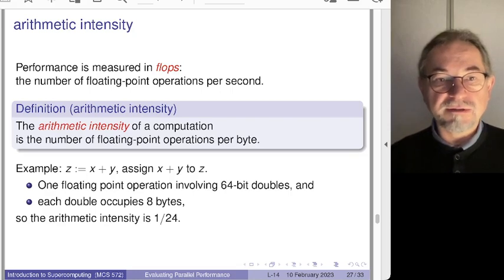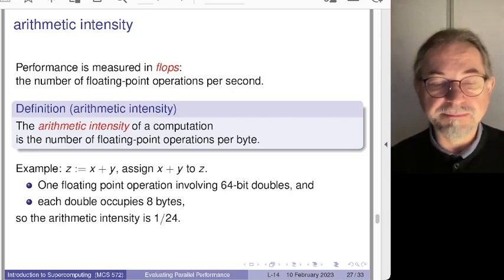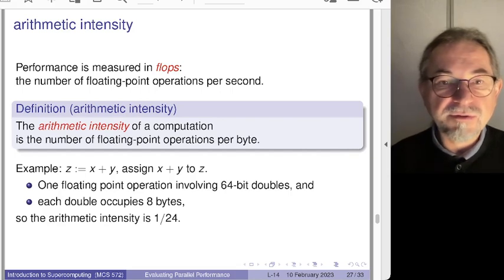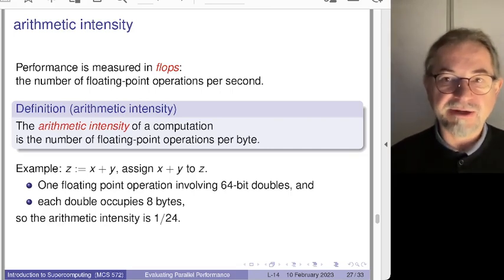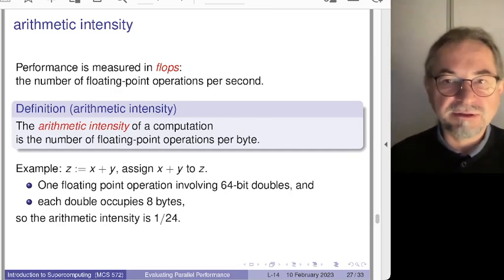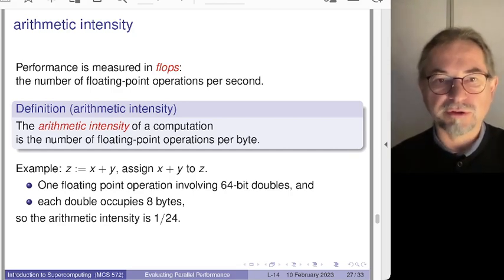So here, when we look at the simple addition of two numbers, we have to get the operands out of memory. So these are two 64-bit doubles. We have to do the computation, so that's one floating point operation, and then we have to assign the result to another 64-bit double.